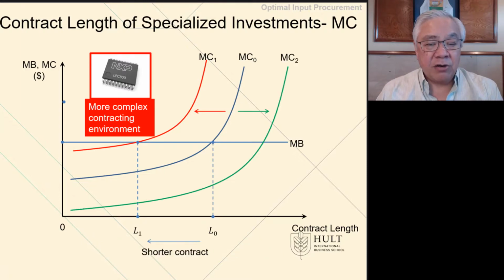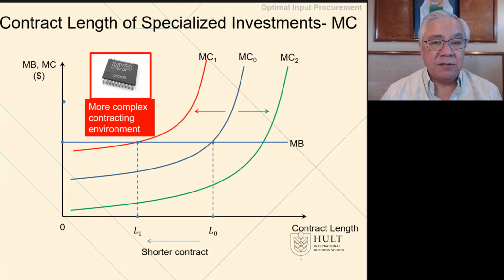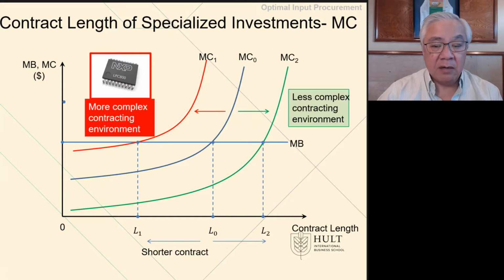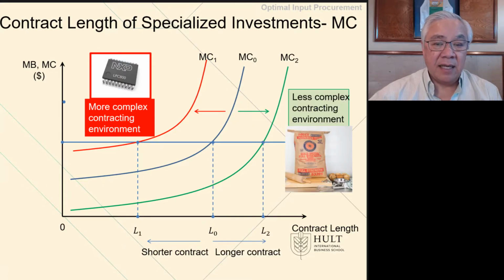But the other side may occur too. The marginal cost curve may shift to the right. And in this case, you have a reason to have a longer contract. What's an example of this? It's if you're the baker. I'll stay with the baking theme today. If you're a baker, you're going to buy flour, and the flour won't change very much for your recipes for the next few years.